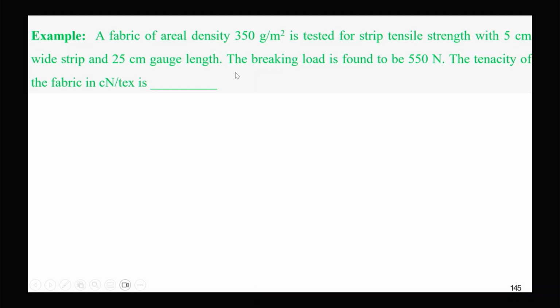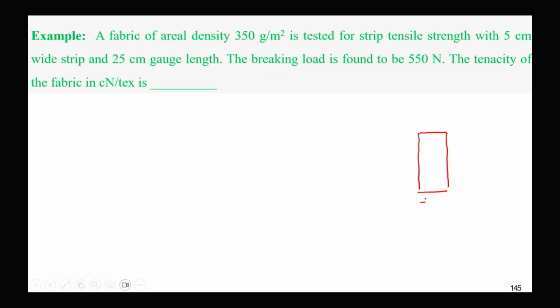So this is the 5 centimeter wide strip and 20 centimeter gauge length. So 25 centimeter.